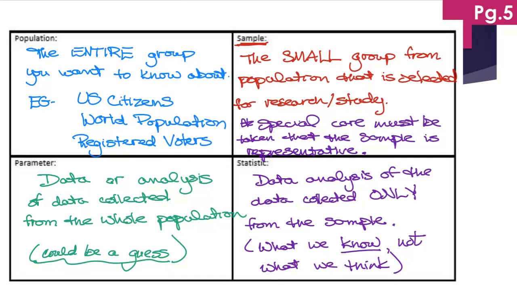So population, the entire group, you can't talk to all of them, so you talk to the sample. The parameter is the analysis of the population, which we can't really manage, so we do our best to think what it might be, but the statistic is the actual analysis of the sample. Okay? Questions on that? All right.